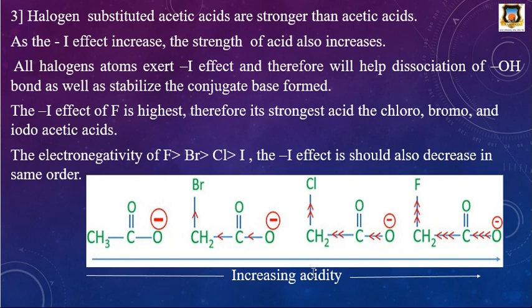Therefore in this order acidity increases, and therefore halogen substituted acetic acids are stronger acids than acetic acid, because such a stabilization is not present in acetic acid. It destabilizes this conjugate base by donating, or by showing this plus I effect, due to the CH3 group.